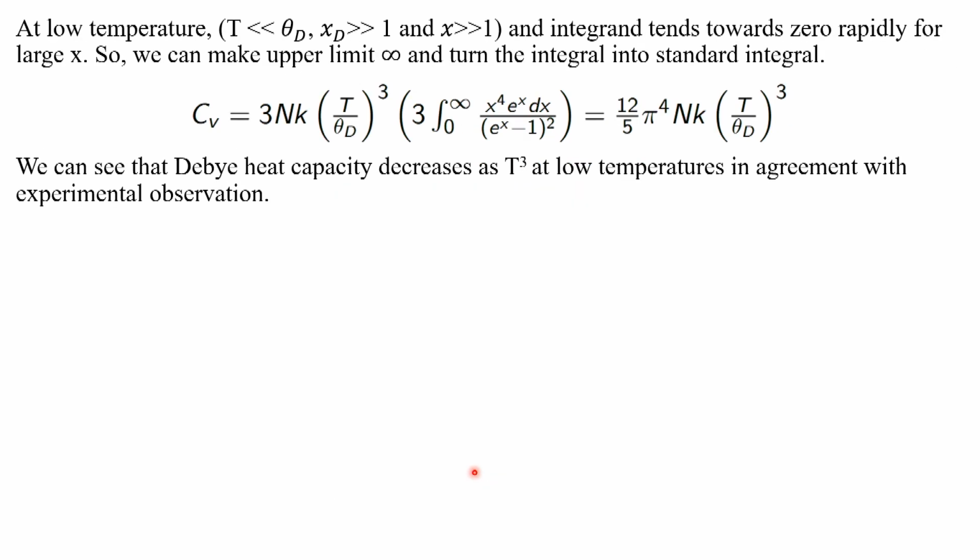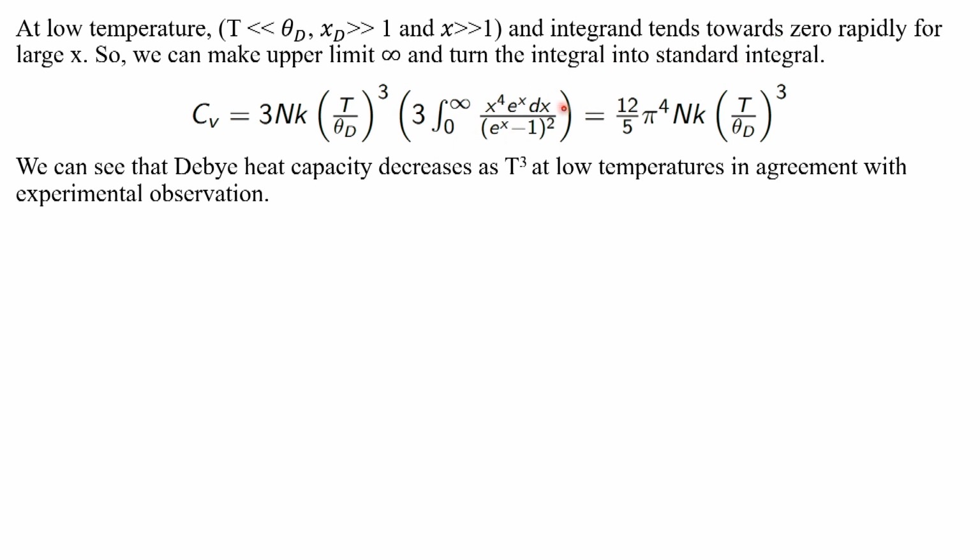But at low temperature, when T is much lower than θ_D, x_D is much greater than 1, and the integrand tends towards 0 rapidly for large x. So we can make the upper limit infinity here and turn the integral into a standard integral.